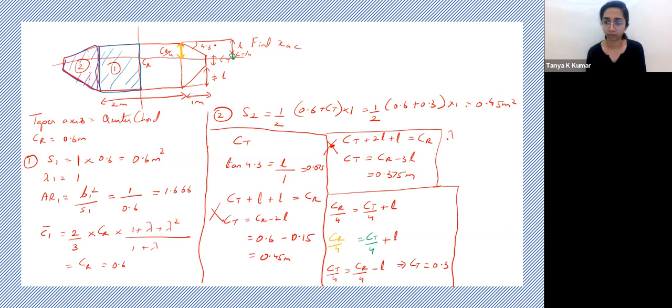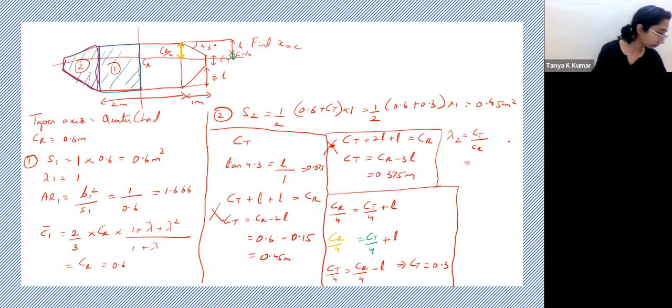Lambda 2. Lambda 2 is CT upon CR. What is this value? CT was 0.3 divided by 0.6. So it was just 0.5.